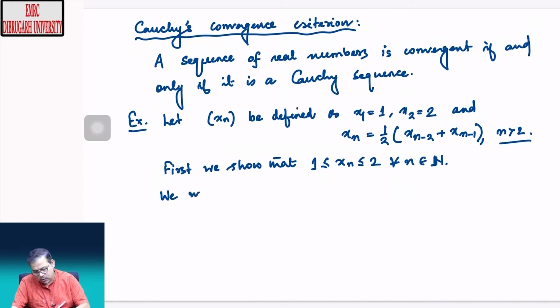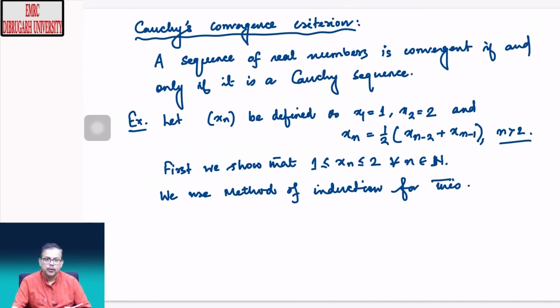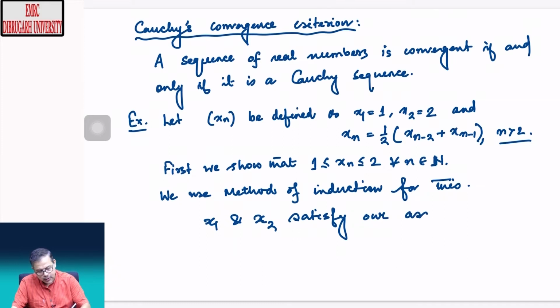We use the method of induction for this. x1 and x2 satisfy our assertion, that is, they are lying between 1 and 2.